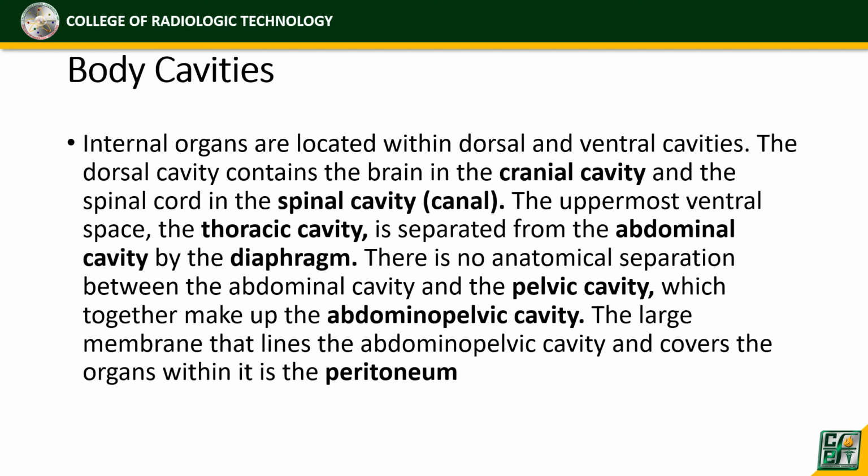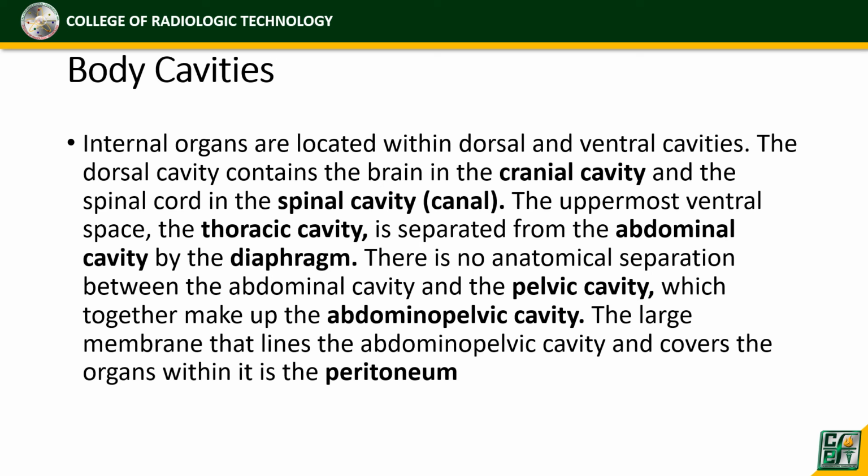We have two cavities in the dorsal cavity, which are the cranial cavity and the spinal cavity or spinal canal. In the ventral cavity, we have the thoracic cavity, which is separated from the abdominal cavity by the diaphragm, and the pelvic cavity.